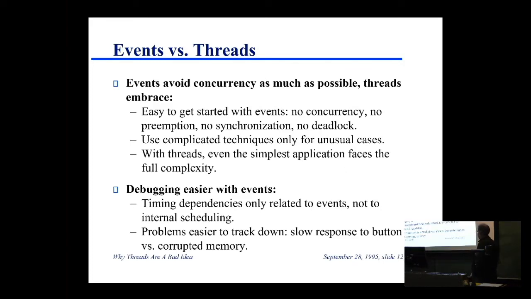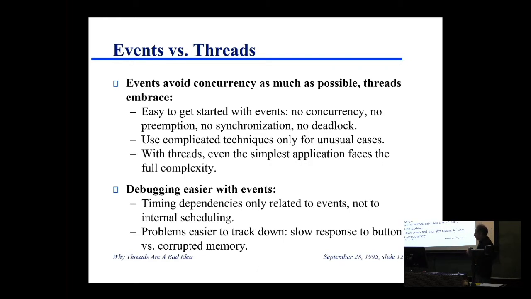However, if you compare the two, events avoid concurrency as much as possible. So they're easy to get started with. There's no concurrency, no preemption, no synchronization, no deadlock. It's sounding good.